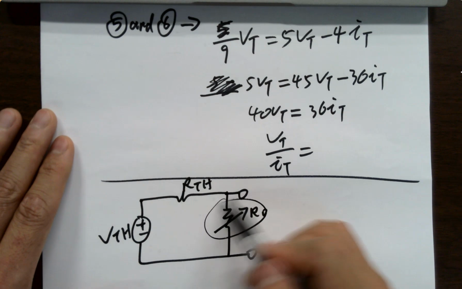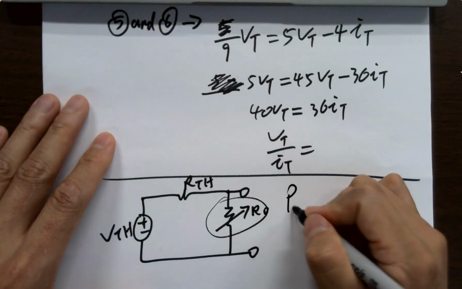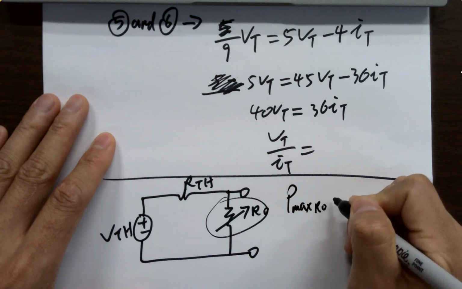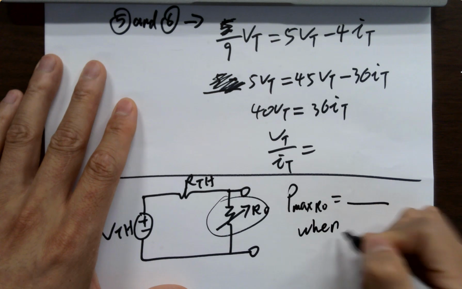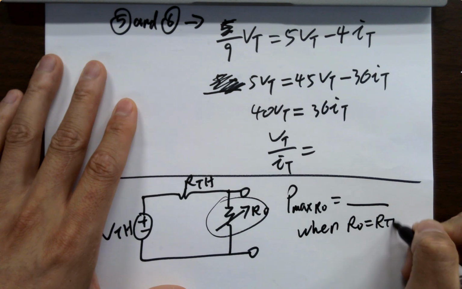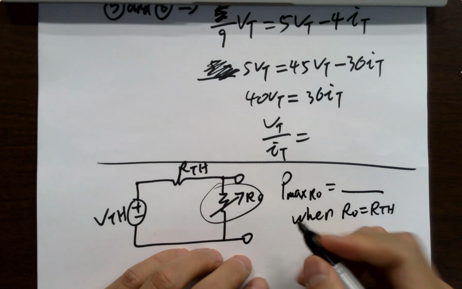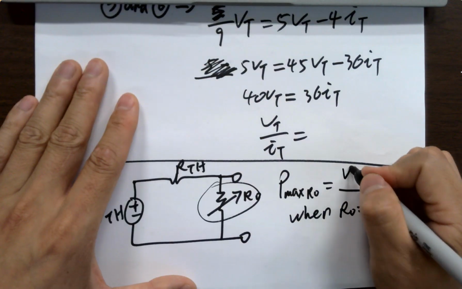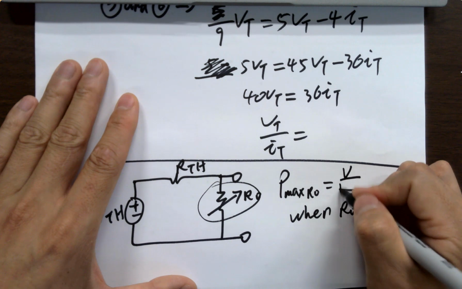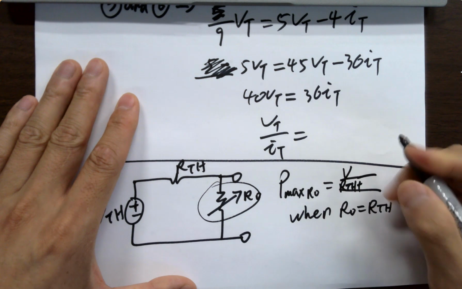What's the maximum power? The maximum power P max at RO equals something when RO equals RTH. How is that verified? How do we find the current power? The current is V over RTH plus RO.